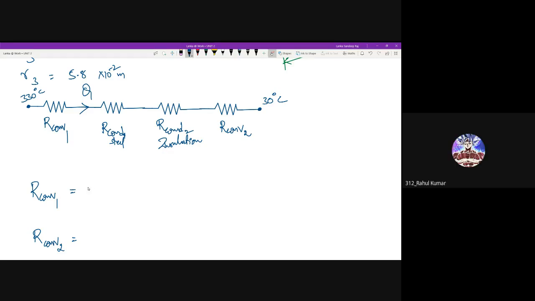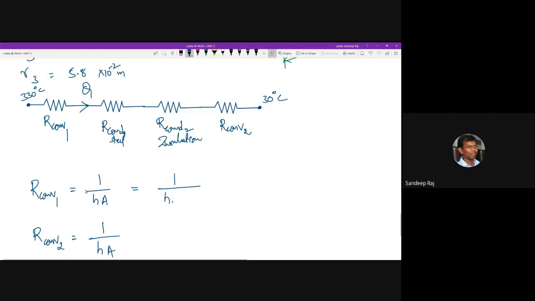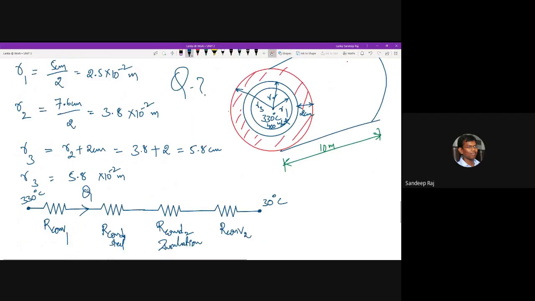Yes, sir. Can you tell me the formula for R convection 1? R convection is simply 1 by HA. Good. So it is 1 by HA here, 1 by HA here also. What should be the A here? A is the area perpendicular to the direction of heat transfer.